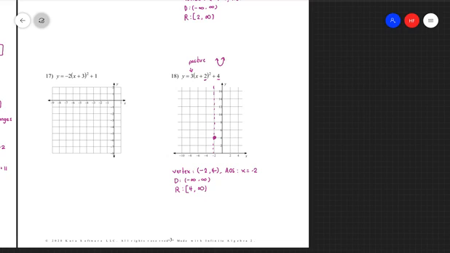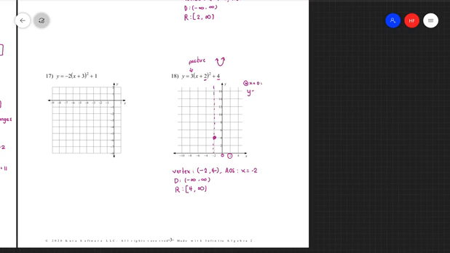I am going to make number 18 an accurate graph just so we can see once again the process of finding our points. So I'm going to find any 2 points and then I'll reflect them. I don't really want to work with negatives, so I'm going to work with the positive values. I'm going to use 0 and 2. So at x equals 0, I'm going to plug that into my y's.